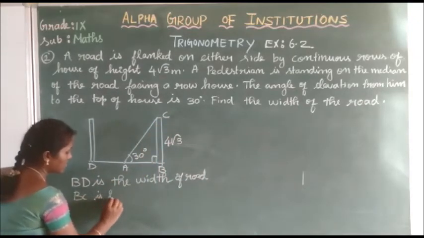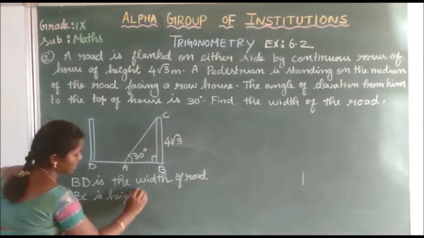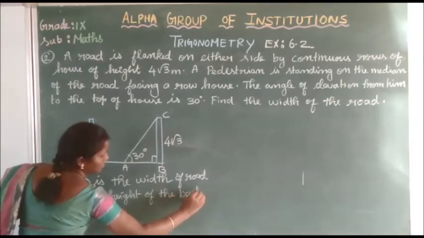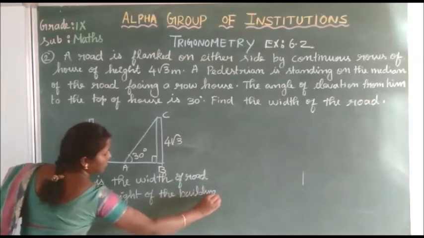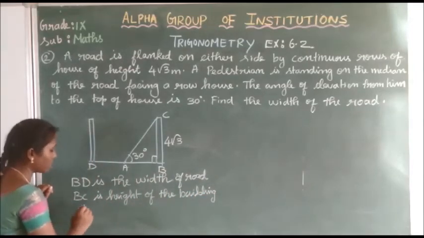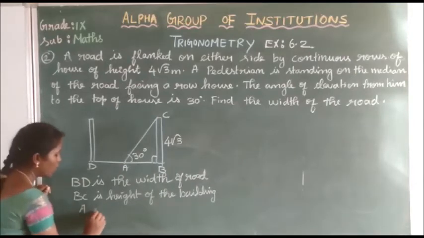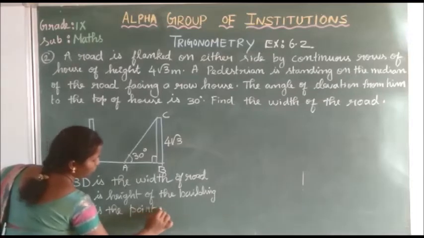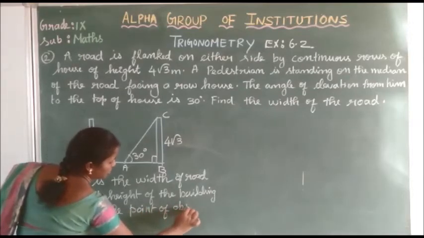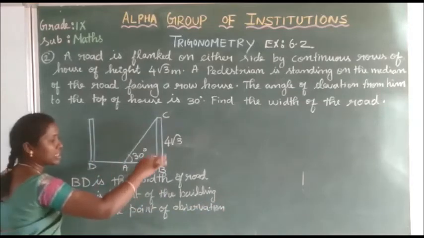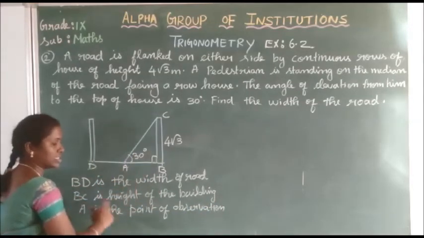BC is the height of the building. And A is the point of observation, from where the person is observing. So draw the diagram, mark the given measures, and describe the diagram.